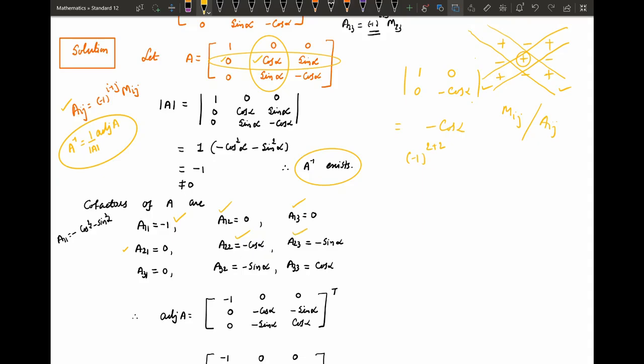Now A23, the cofactor of the element lying in the second row and third column, that is the cofactor of sin alpha. Again you leave the column and row in which that entry lies.